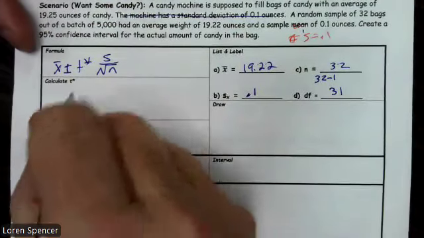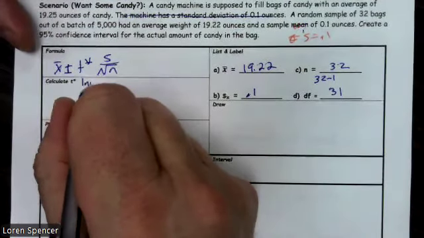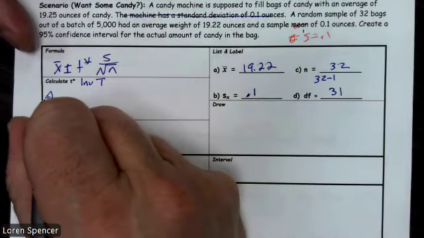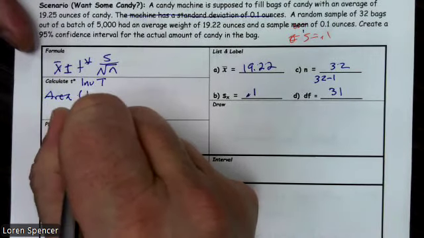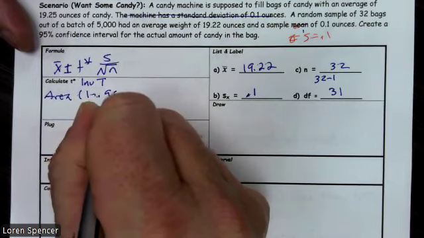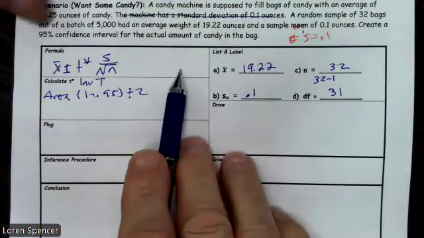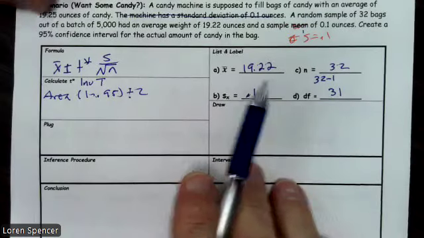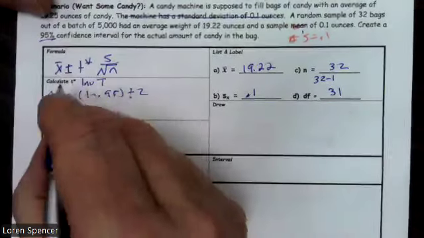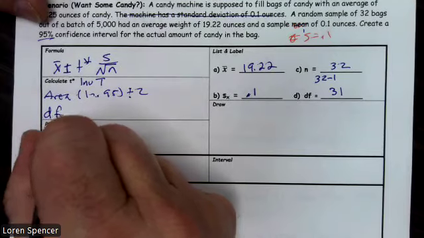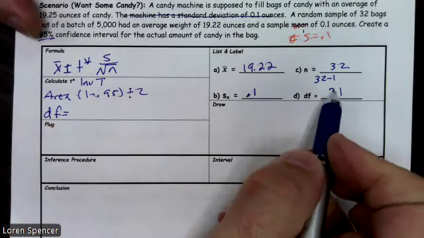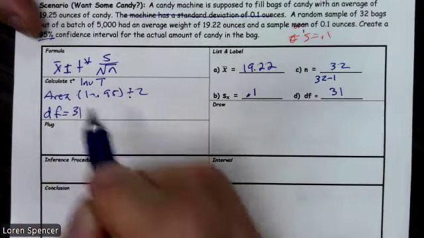Degrees of freedom is going to be 32 minus 1, or just 31. Calculate t star. Remember, it's going to have to go to inverse T. It's going to ask us for the area. That's going to be 1 minus 0.95 divided by 2, because it asks for a 95% interval. And then it's going to ask us for the degrees of freedom, which is the 31 that we just wrote down.